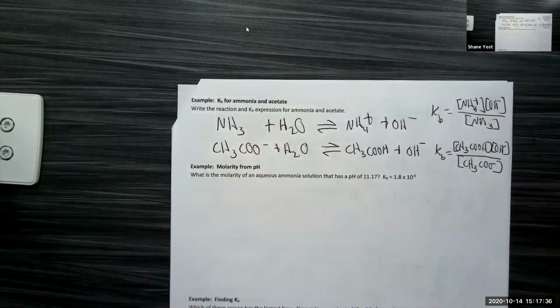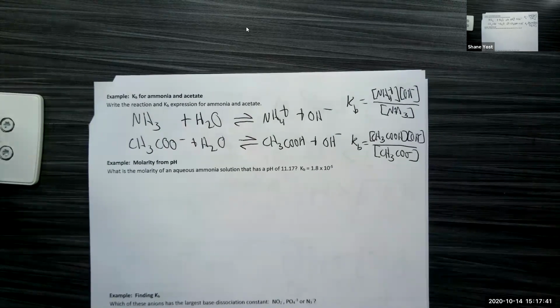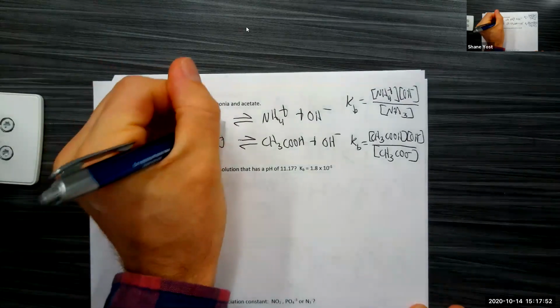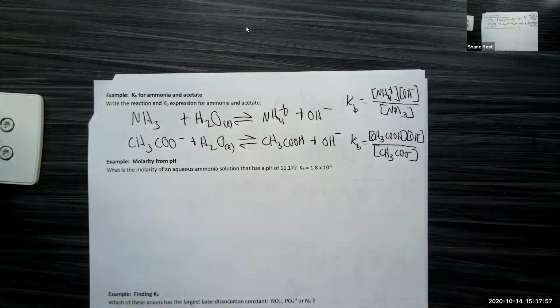Again, these equilibrium constants just follow the same set of rules as your equilibrium constants for any equilibrium reaction: products over reactants, raised to their stoichiometric coefficients, ignoring liquids and solids. Water here, I typically don't bother writing a lot of these phases, but water is a liquid. Everything else here is an aqueous ion, so water doesn't appear in the equilibrium constant. Everything else does. And so those are our reactions for these weak bases, as well as their equilibrium constants.